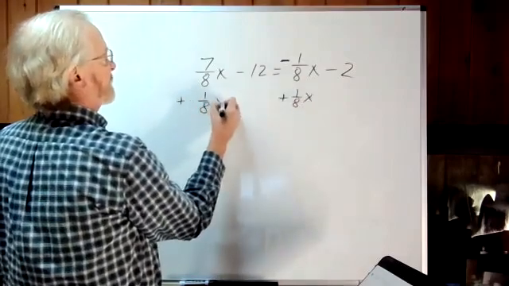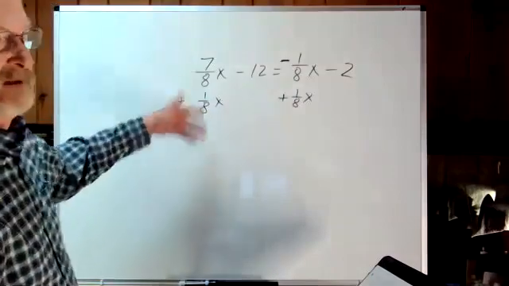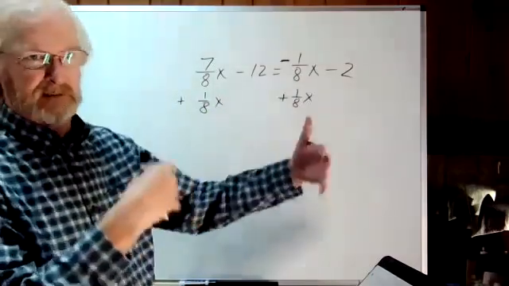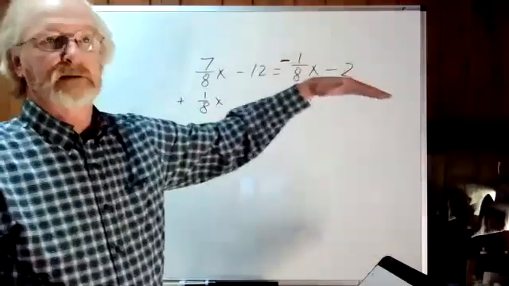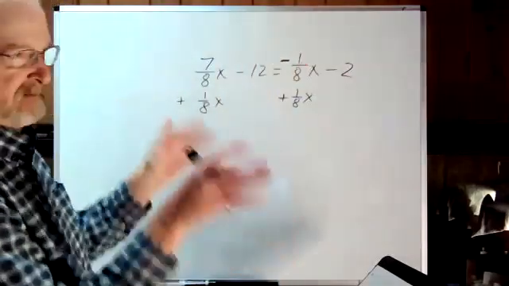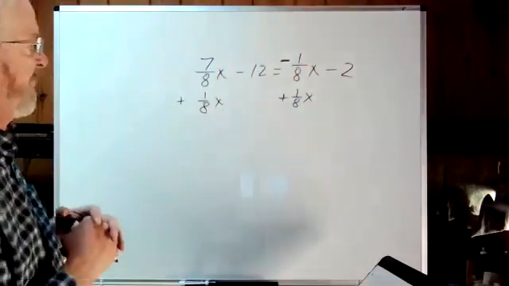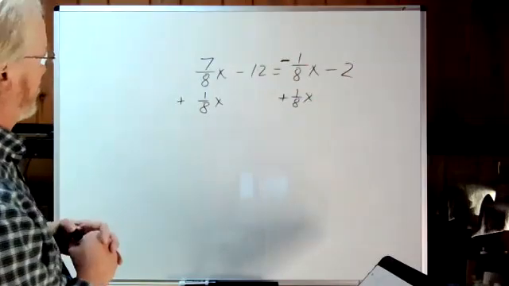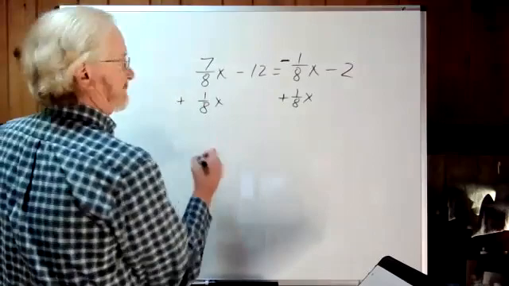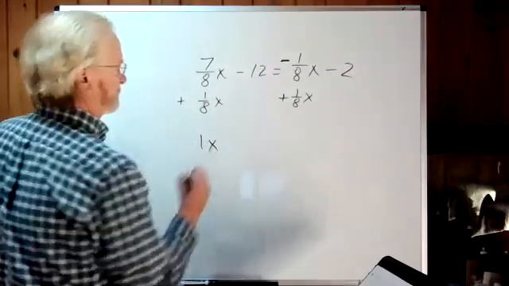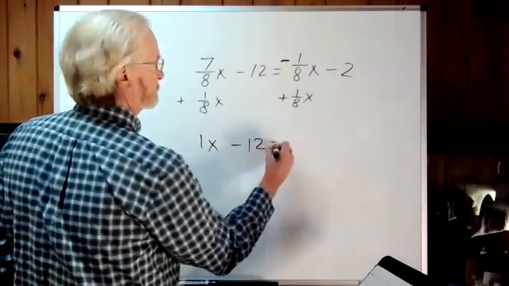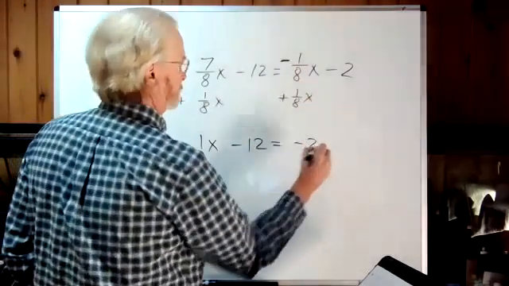Just because the numbers are kind of nice, I can stack it up vertically, but you recall yesterday, sometimes if we're working fraction problems, it's really nicer to do that horizontal method, like writing everything in a line, because if you're going to put those fractions together, it takes more work. But 7/8 plus 1/8, I get 8/8. Can I just call it 1x? I don't know if I lost anybody there. And that canceled out.